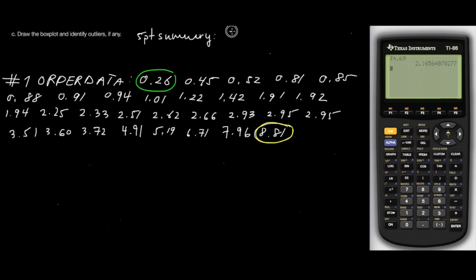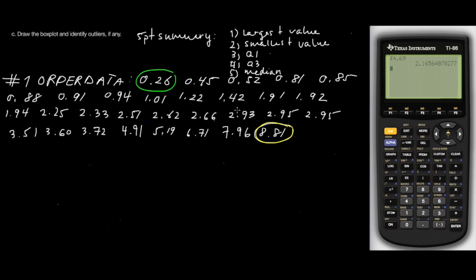First we need the largest value, we need the smallest value, we need our Q1, we need our Q3, and we need our median.